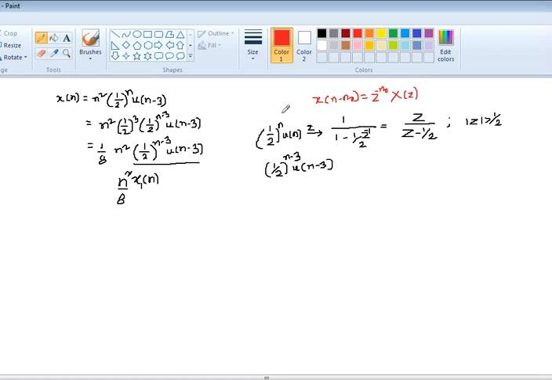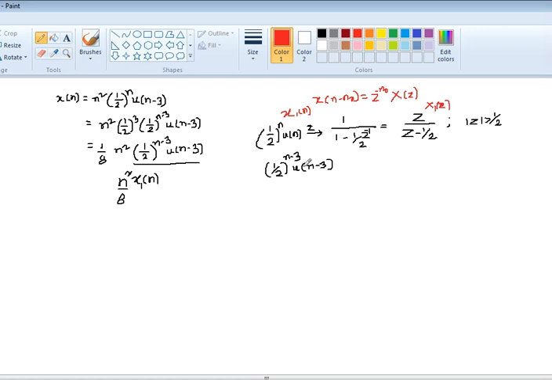Now here we are considering this as our x1 of n, and the z transform of x1 of n is x1 of z.